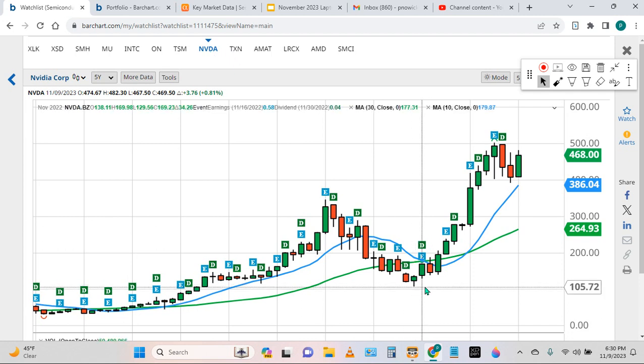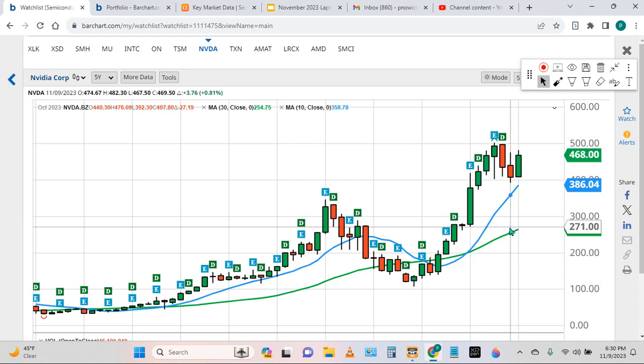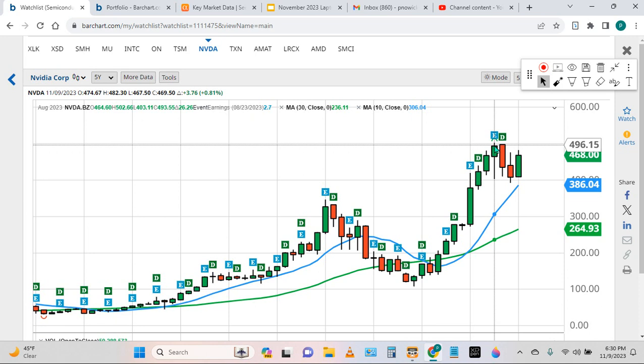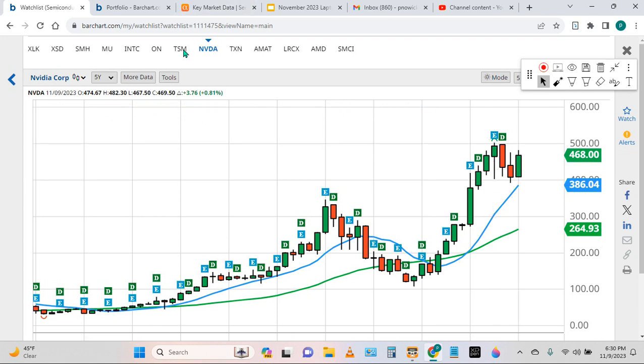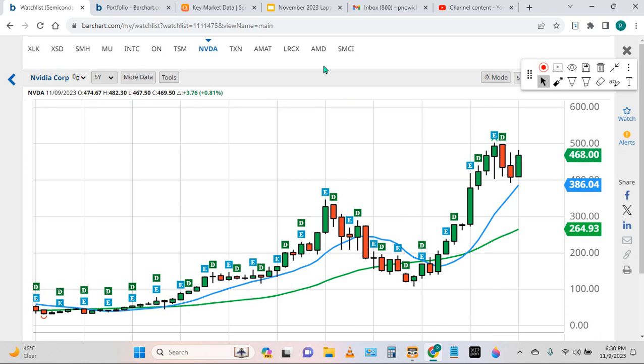If you think about the gain in NVIDIA when it's trading down towards the $105 to $110 area, and then the same year we get up to almost $500, that is very, very strong. That's over 400%.